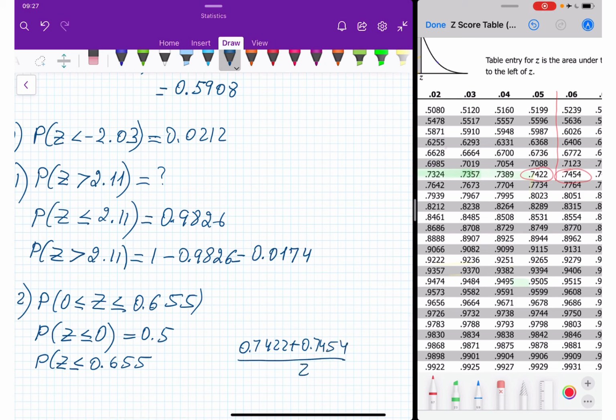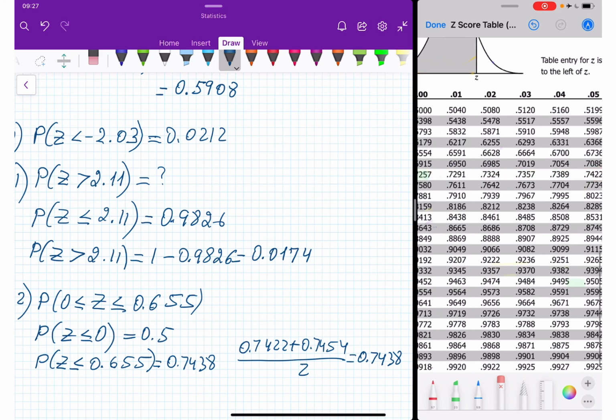We take the middle, okay? Let me type it in. We are getting 0.7438. Okay, we are good.